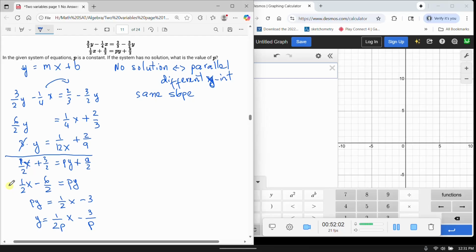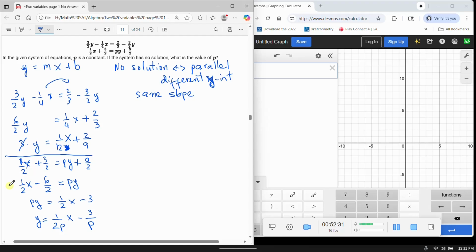So if we have y equal to y and we have no solutions, then the slopes need to be the same. Okay, so that's just a few things about the system of equations you need to keep in mind. I didn't mean to write x down here. I mean the x would be right there.